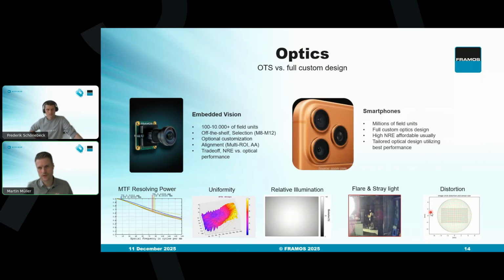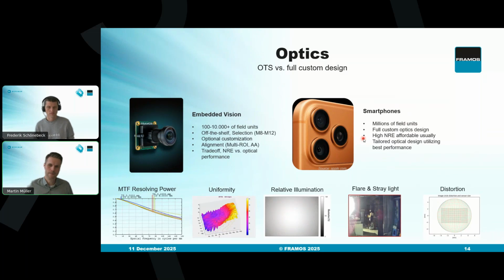For smartphones or consumer device units, this is a bit different. We usually have millions or multiple millions of units in the field. And this justifies a very, very high amount of NRE, so development efforts for this kind of market. Smartphones and consumer electronics have more of a product character, where a lot of effort is put into making it feel good and generate good image quality.